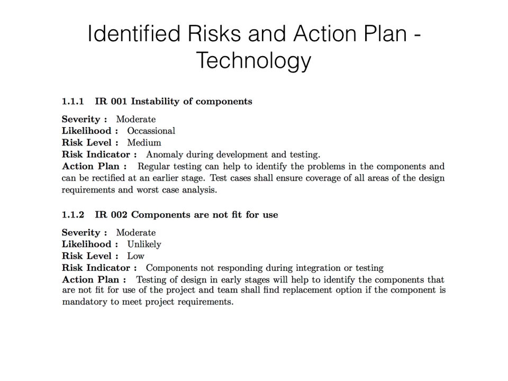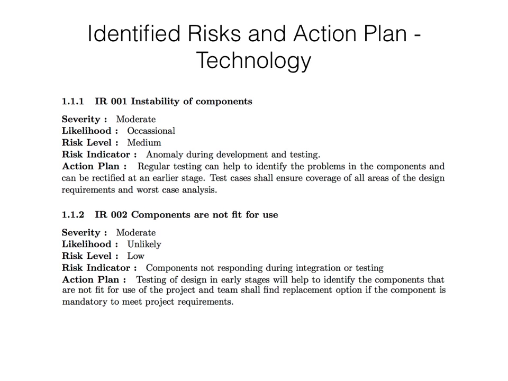The indicator of this risk, that is how we know the risk is happening, is we can see anomalies during the development and testing phase. Since it's instability of components, you might be able to identify the risk during the testing phase.